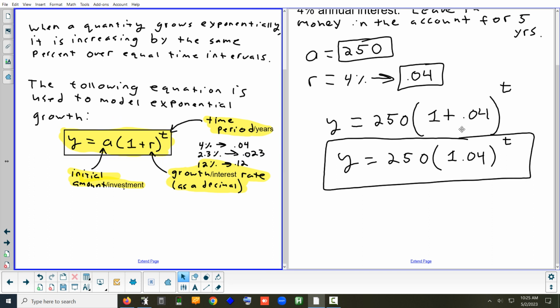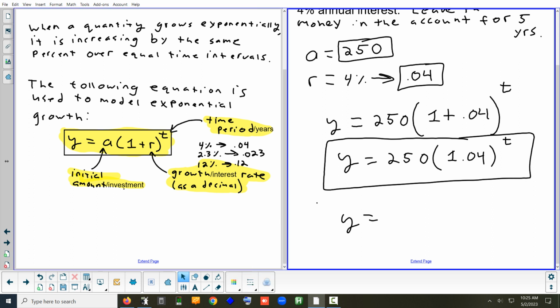Now, how many years did they say they wanted us to leave this money in the bank? Yeah? 5 years. So if you wanted to figure out how much money you would have after 5 years, we would take 250 times 1.04. And what power would I raise 1.04 to?